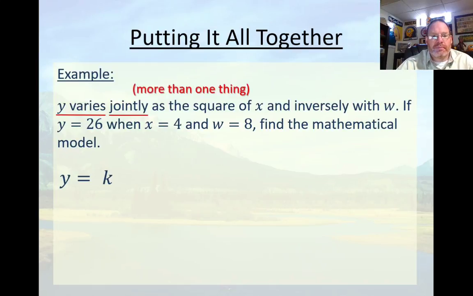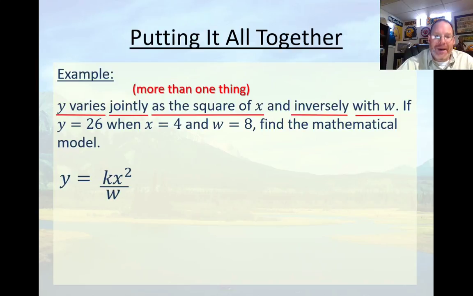Jointly, which means there's more than one variable coming, as the square of x, and they didn't say inverse on that, so we can assume that it's direct, and inversely with w. So the inverse is just for the w.